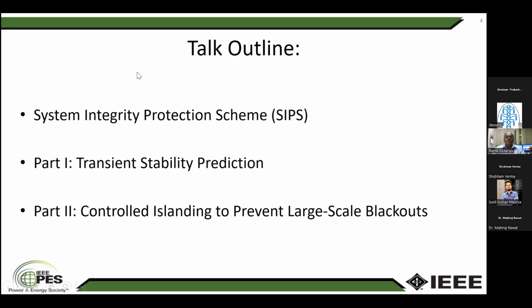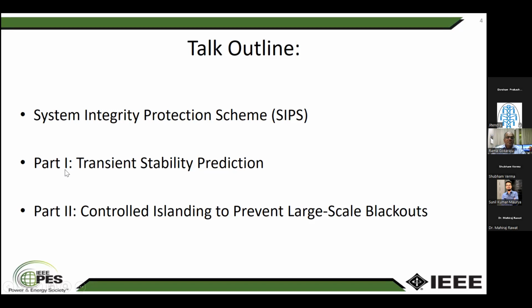So this is how I have organized my presentation. First, I will go through some of the basic definitions of system integrity protection schemes, SIPS, which is also called, in short, system protection schemes, SPS, and remedial action schemes, RAS. That is also part of SIPS. SIPS was the original broad definition, and then the shorter form was SPS, and then the remedial action to prevent, for example, cascading events on the system.